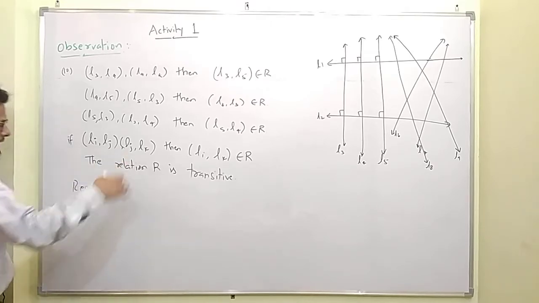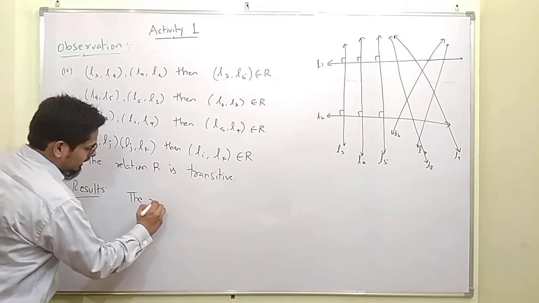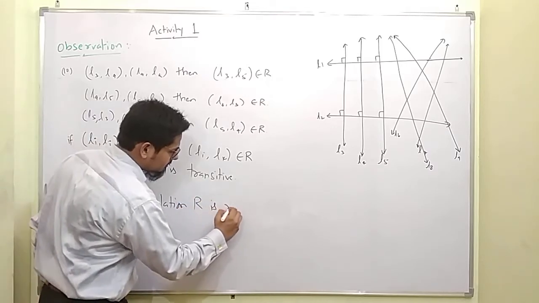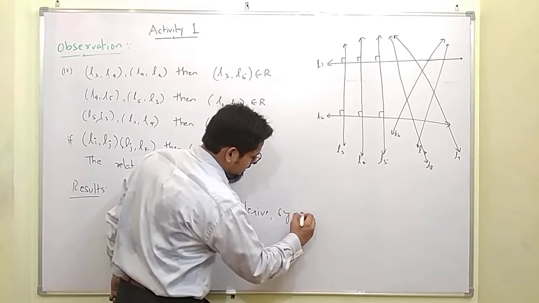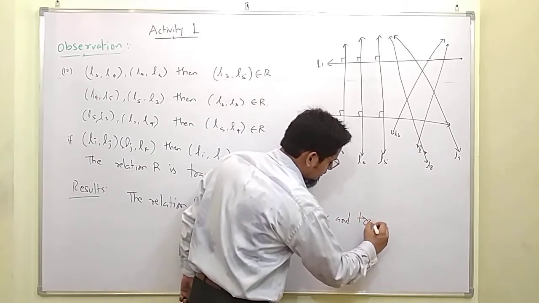Okay class, so now our result of this activity is: the relation R is reflexive, symmetric and transitive.